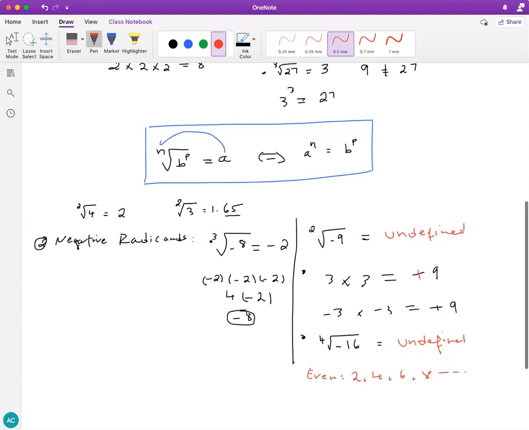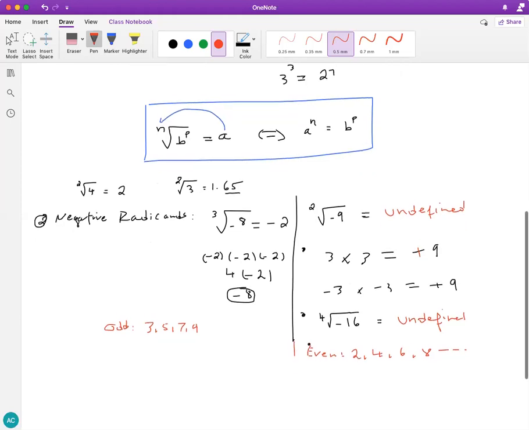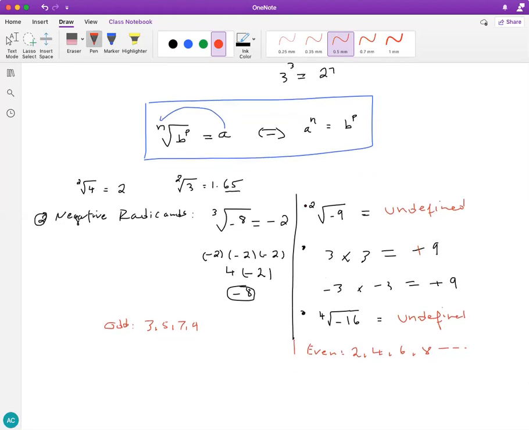But if the index is odd, so odd numbers are these, let's say 3, 5, 7, and 9, yes, it is okay to have a negative here as long as this one is odd, not even. Okay, so that's important to see with the radicals. If you see something like this, you can immediately say that number is undefined. You don't have to find it. You don't have to try to find something that's undefined.